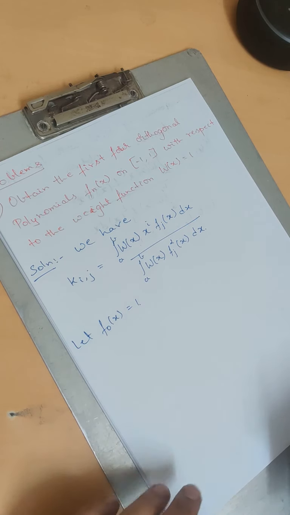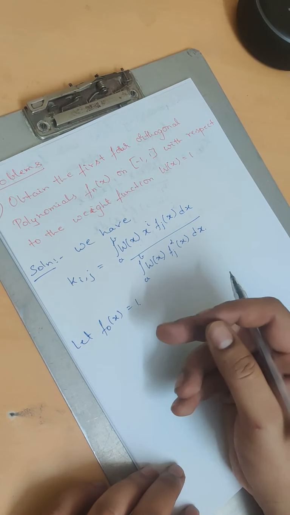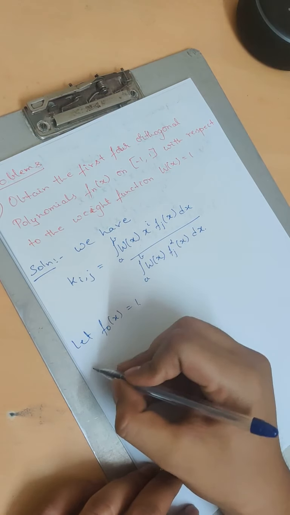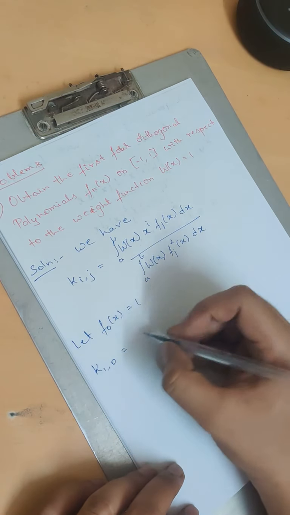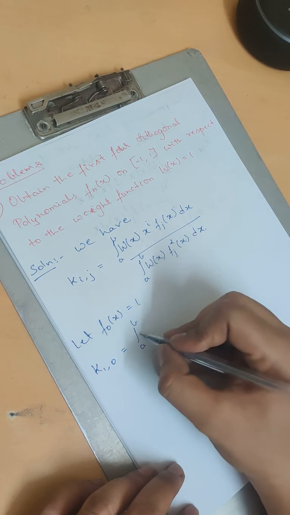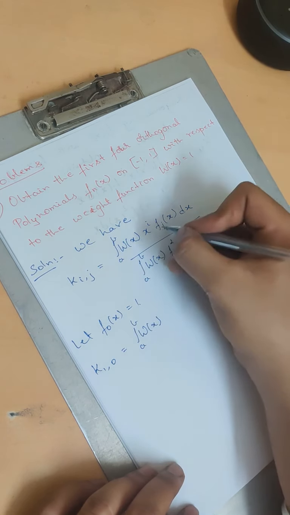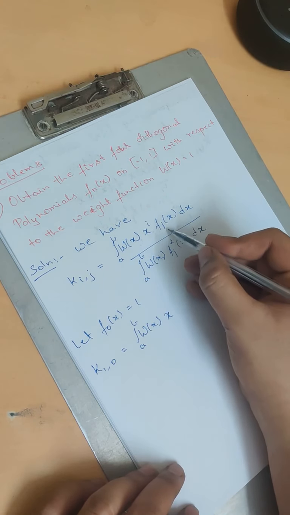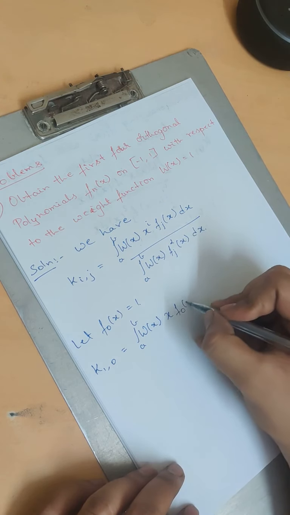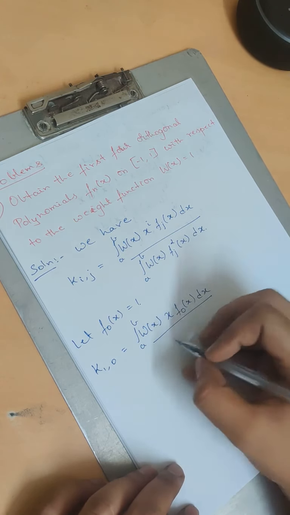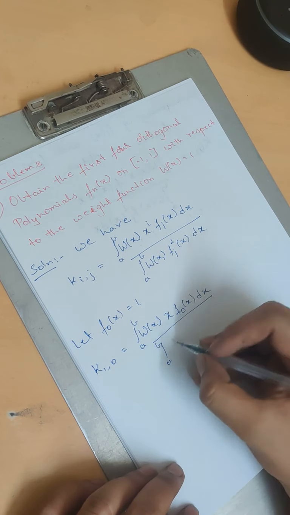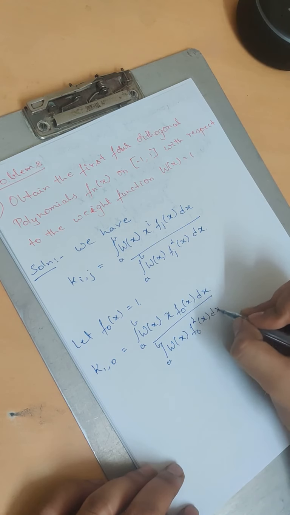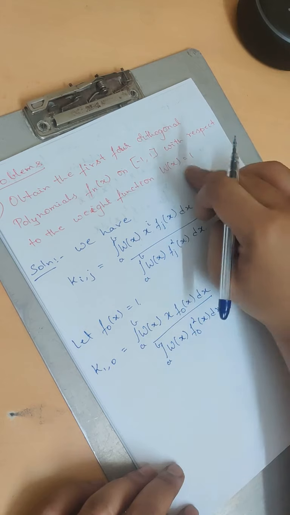So we are supposed to find f1 now. To find f1 we need f1 of x is equal to x minus k_{1,0} f naught of x, we know that. So we need k_{1,0}. So k_{1,0} is equal to integral a to b w of x, i is 1 here so x power 1 is x, f_j of x which is f naught of x dx, whole thing divided by integral a to b w of x f naught of x square dx. The weight function is 1, as they have said in the question.